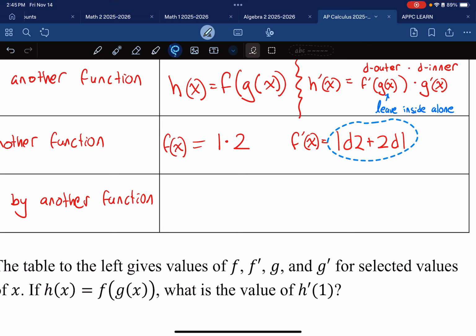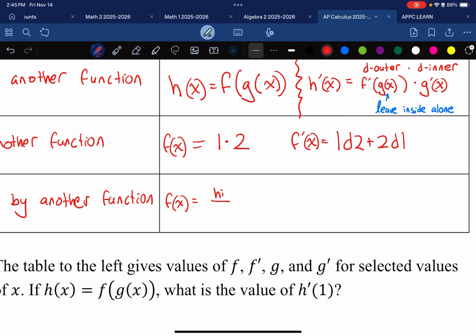The main thing that you need to know is, as long as you know the 1d2 plus 2d1, you're ready to go. What if I say that my function is some fraction? So you have the top of the fraction divided by the bottom of the fraction. Usually we call that high and low. Then you can say to find the derivative, you do low d high minus high d low, and that's all going to be divided by low squared.